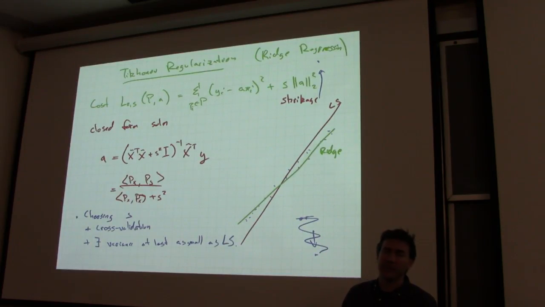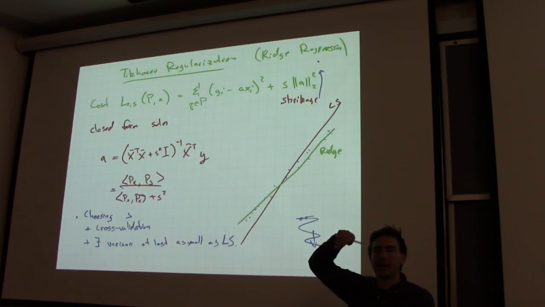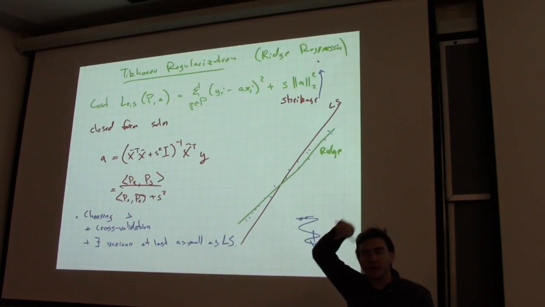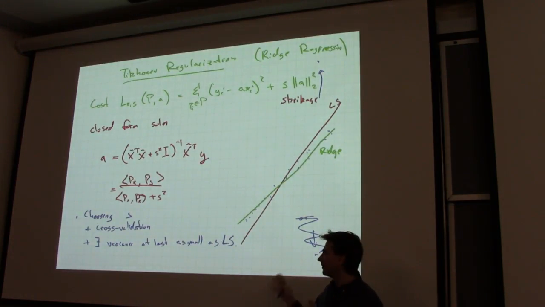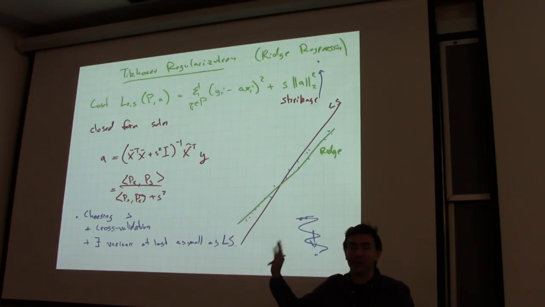You can basically see this by looking at the residual, looking at the derivative of the cost function with respect to S and showing that the zero slope does not exist in most cases at S equals 0. That means you can follow the derivative some amount and decrease the cost function. But it's technical, so I'm not going to go through it here. It's not too hard to see this. So this is a really cool, surprising thing.